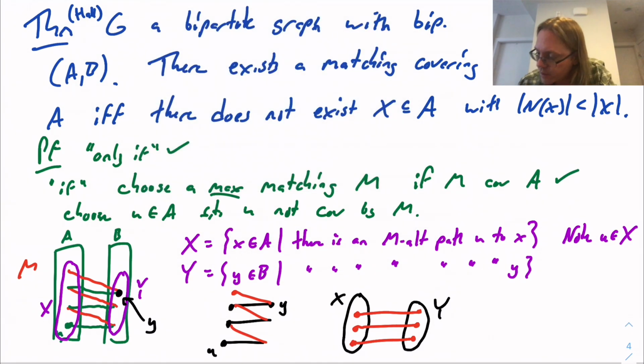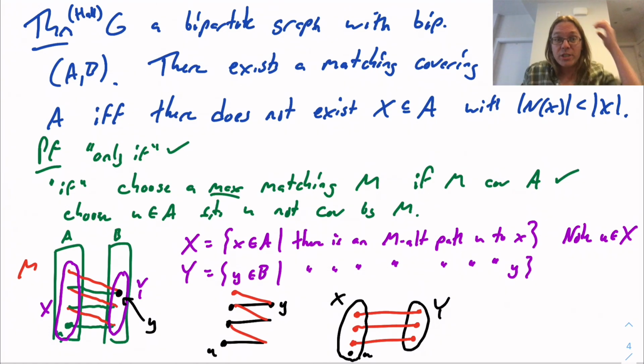This has a very nice consequence. Maybe I didn't draw this as well as I could have, but because U is over there too, every vertex in Y is incident with a matching edge. That edge of the matching, its other end is in X. But in addition to that, the starting point, our base point U, is also in the set X, and it's not matched.